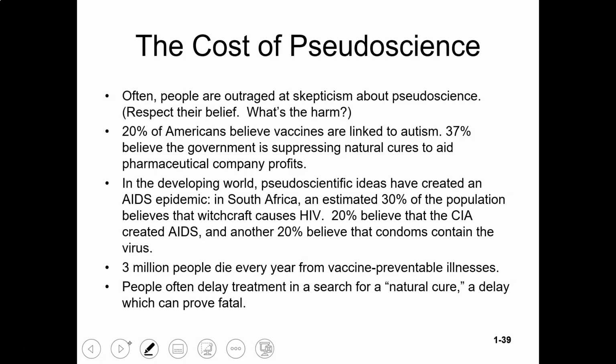37% of Americans currently believe that the government has a cure to many different diseases, but they're withholding it so pharmaceutical companies can make money. Now, I'll admit, I've had my moments where I'm pretty sure that's what's happening. There's something going on.